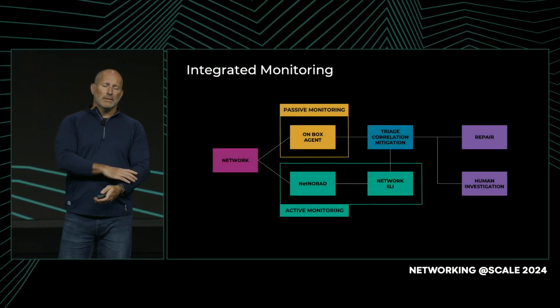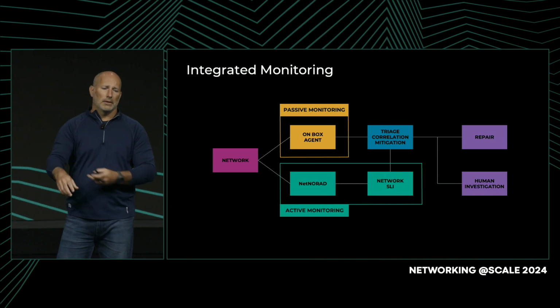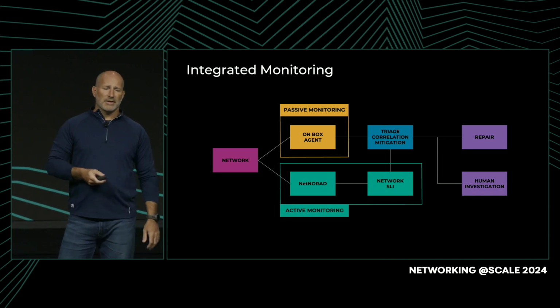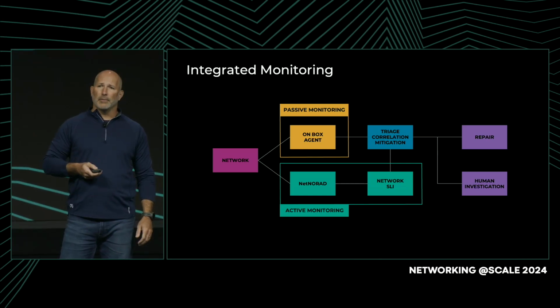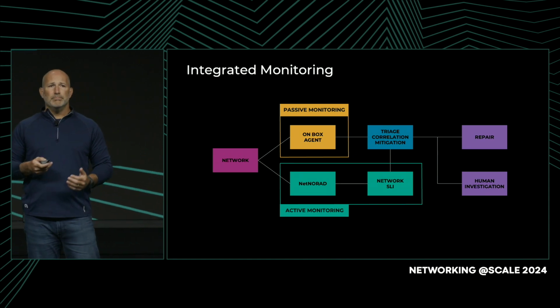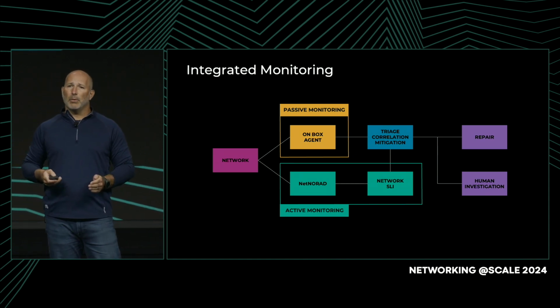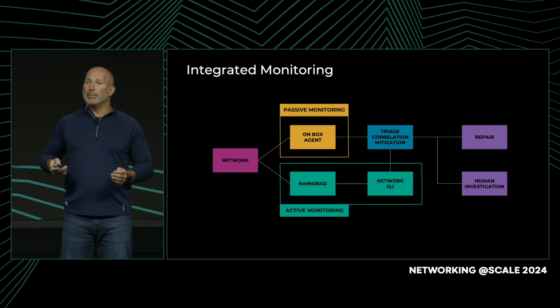So at a high level, this is what our strategy looks like. Passive monitoring, we're detecting problems on the on-box agent, and we're forwarding it on to triage. On the active monitoring front, we use NetNORAD, which is our foundational loss and latency measurement platform. This looks at each minute of delivery in a particular scope of the network, and it looks at our established reliability thresholds.